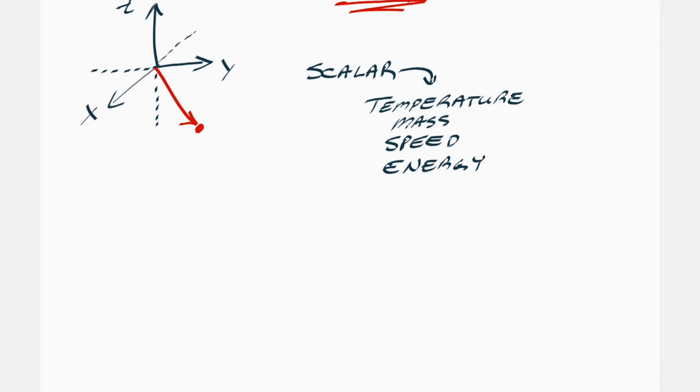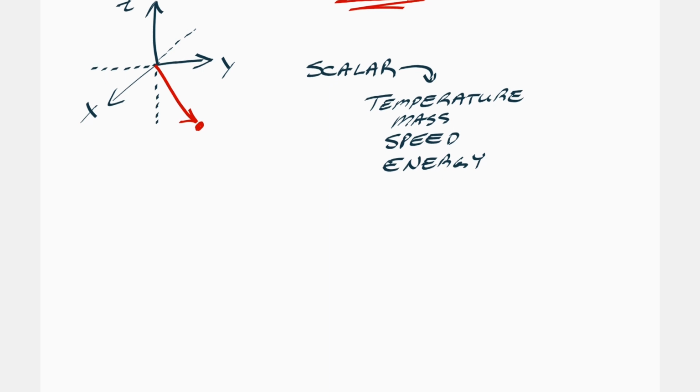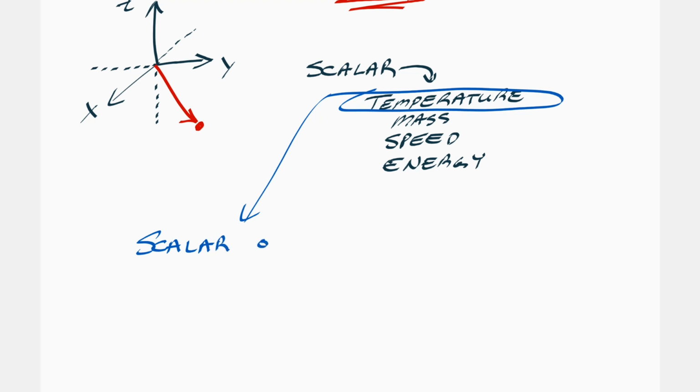And so I'll give an example here. So say that we take the word temperature, and let's just say that we don't know it's a scalar, but we want to figure out if it's a scalar or a vector. Right, scalar or vector. The real trick here is to ask something like this. Can I assign a direction to this quantity?